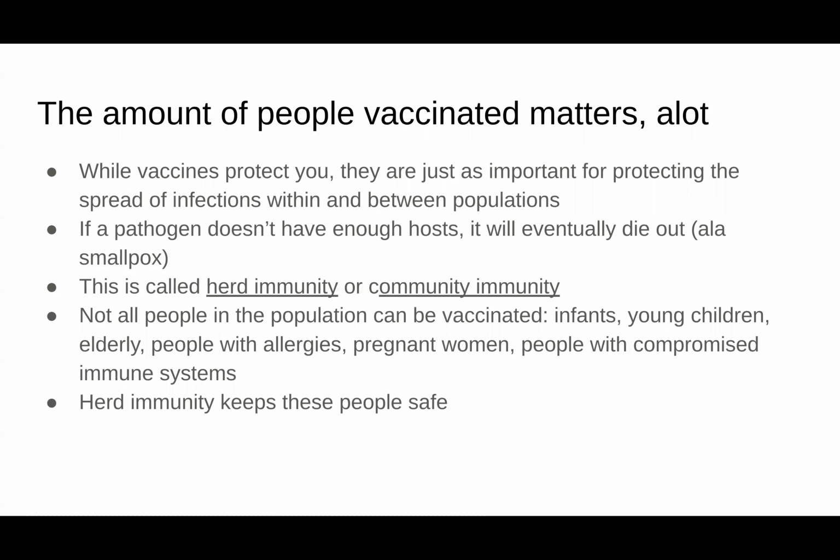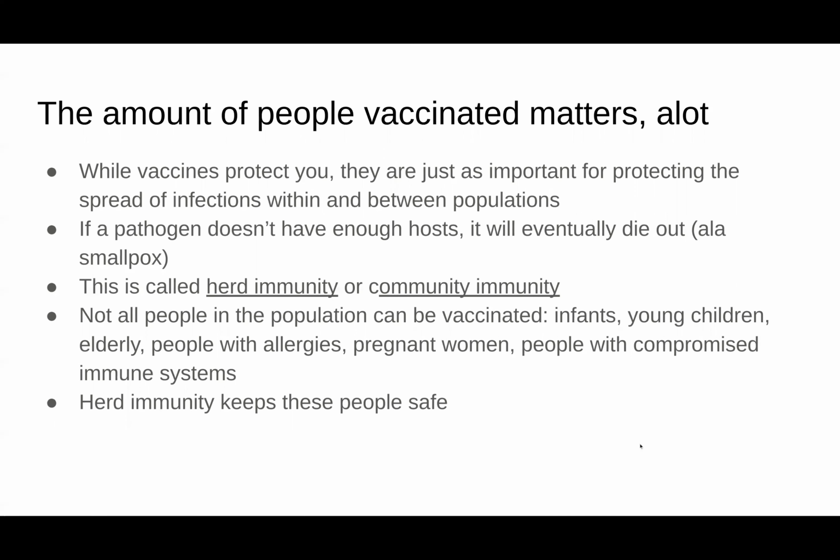But the thing about vaccination, and why fewer people vaccinating is a big deal, is that vaccines work to protect you, but they are typically better for protecting those around you, those who cannot get vaccinated. There's a pretty large group of people in any given population.